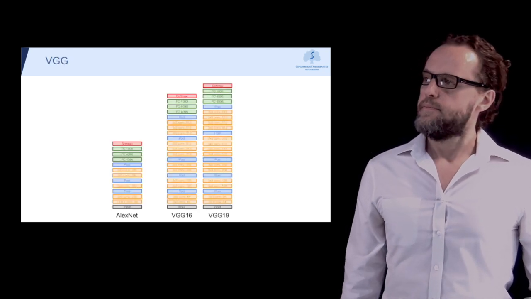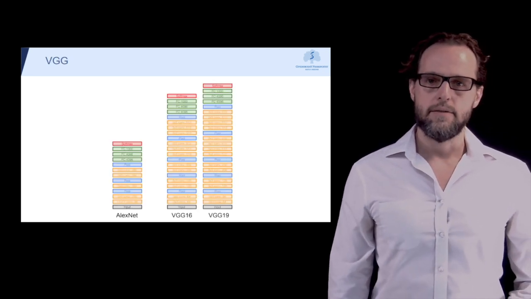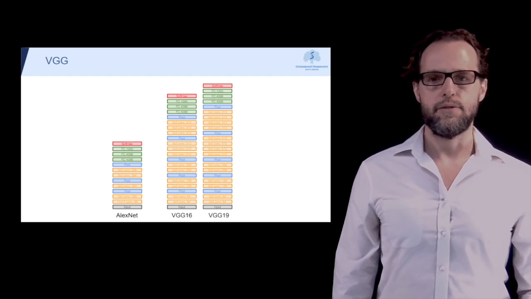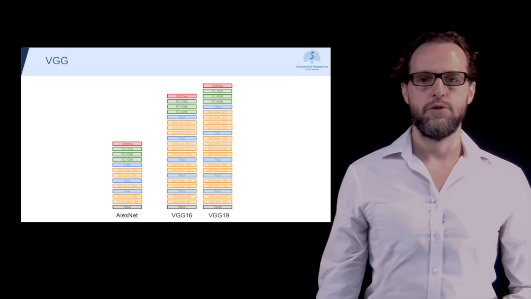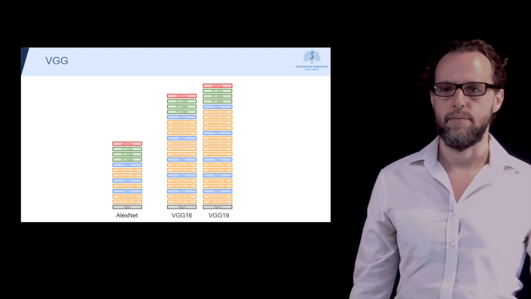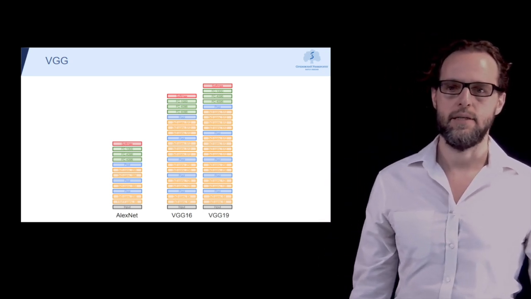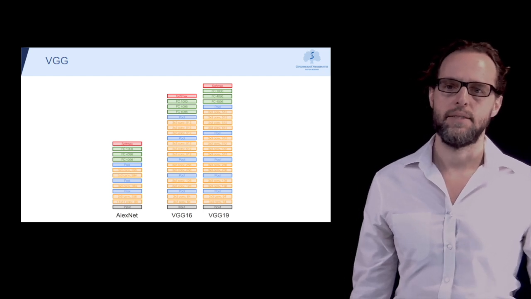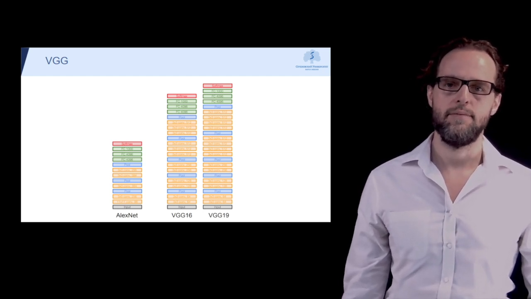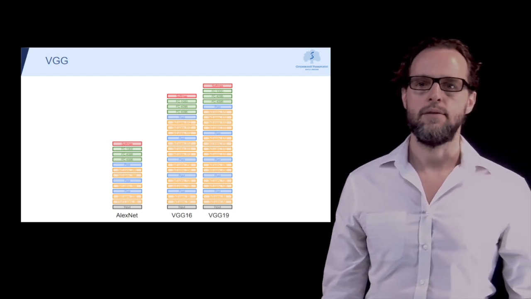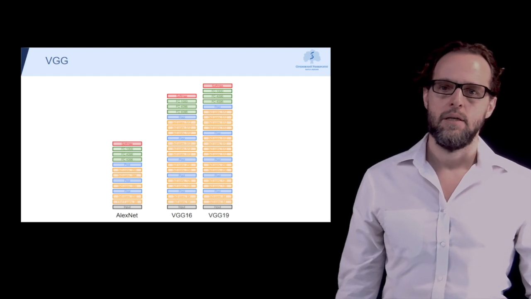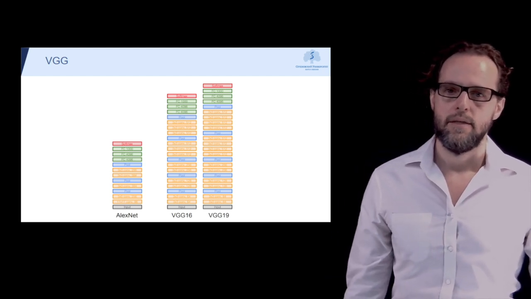One of these architectures is VGG, which improved the results of AlexNet by more than double, from 16% of errors to 7%. It was named after the Visual Geometry Group at Oxford University, where it was developed.